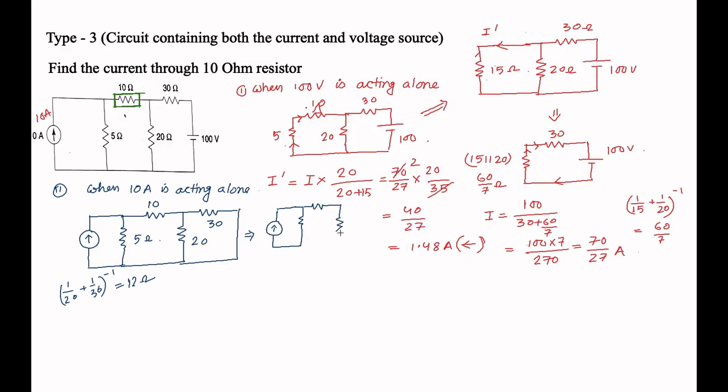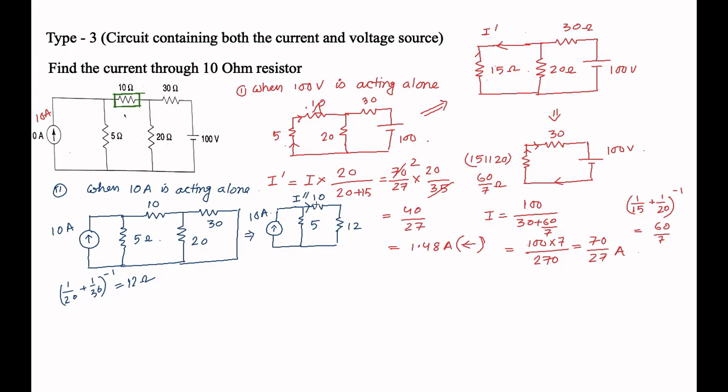Now this is your 12 ohm, this is your 10 ohm, this is your 5 ohm, and the current source is 10 ampere. I think you got what we should do in the next stage. The 10 and 12 are in series, and the direction of current is I double dash.